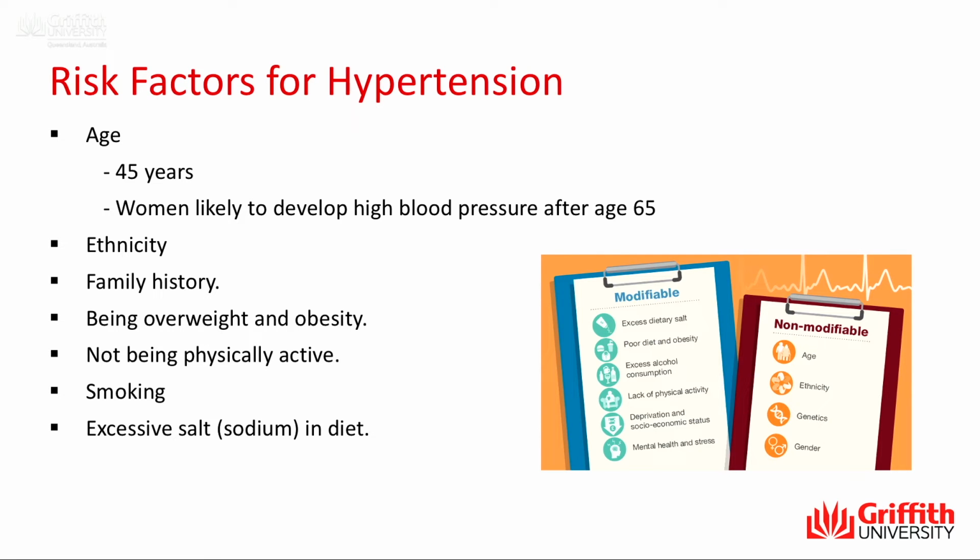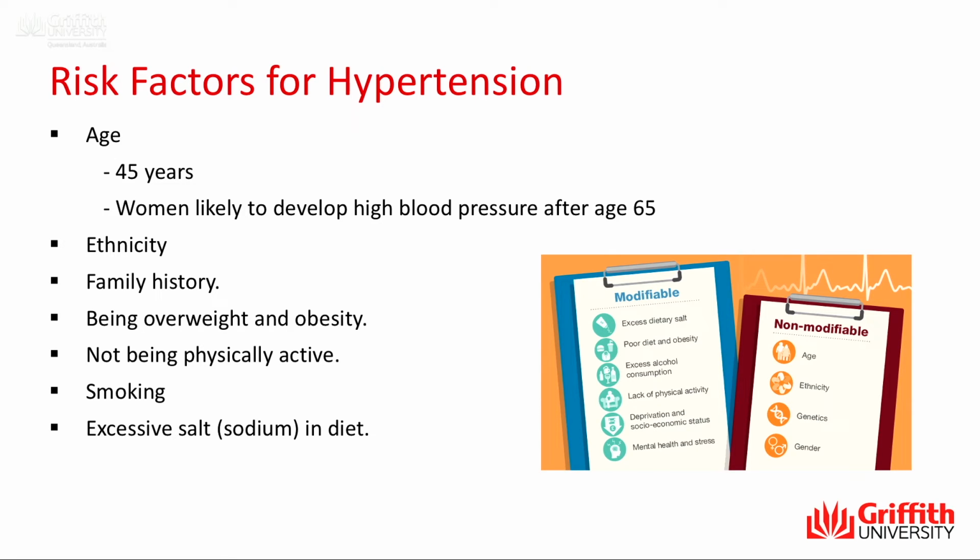However, when a female turns over the age of 65, that's when the risk is quite even between men and women. This is because they think that estrogen actually provides a vascular protective effect in premenopausal women, and of course estrogen levels fall when they go through menopause and postmenopause.